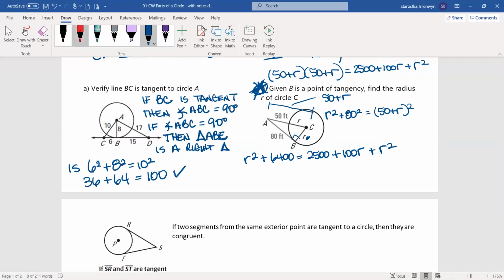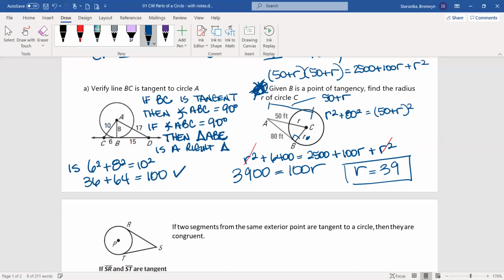Notice what happens. The R squares cancel out. So subtracting 2,500 from the 6,400, we're going to get 3,900 equals 100R. Dividing by 100, our radius equals 39.